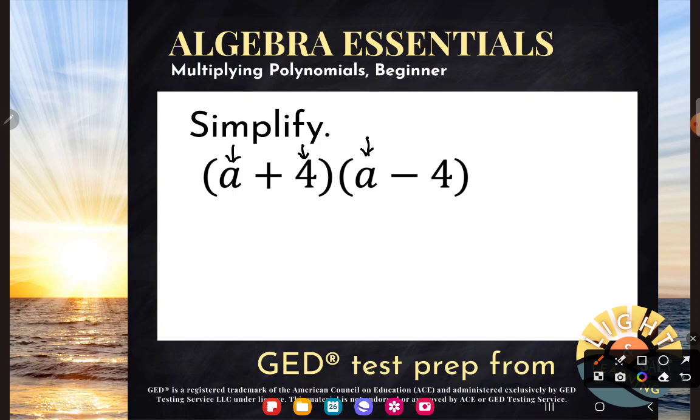Some teachers refer to this as FOIL. I don't, because I like rules that are always true, not just in certain cases, and it's always true that multiplication passes out. So A times A then is A squared, but I'm not done with A yet. I have to pass it out to every term in the next grouping.